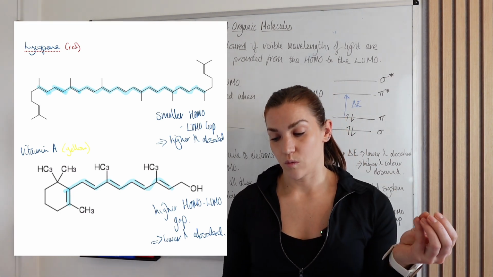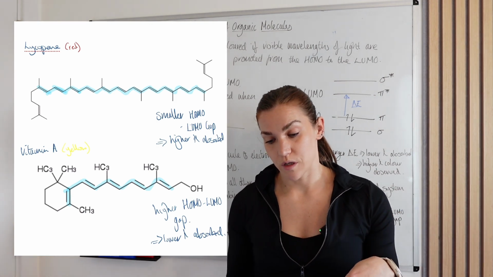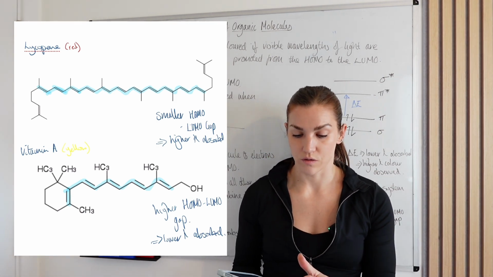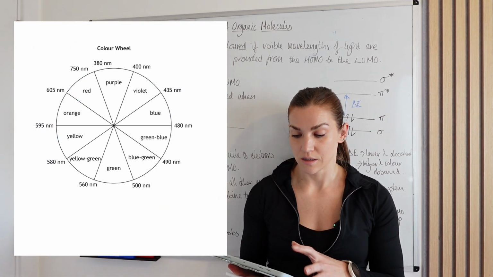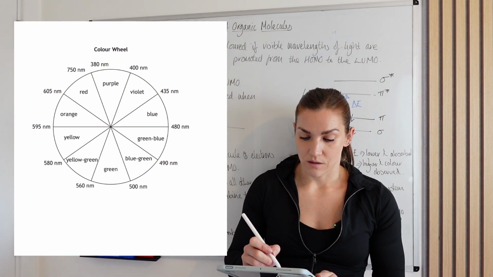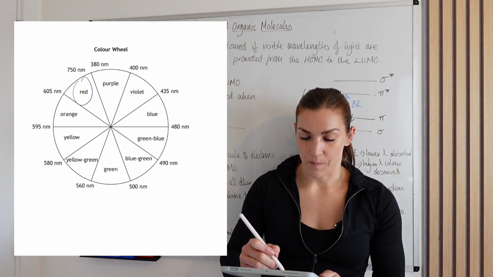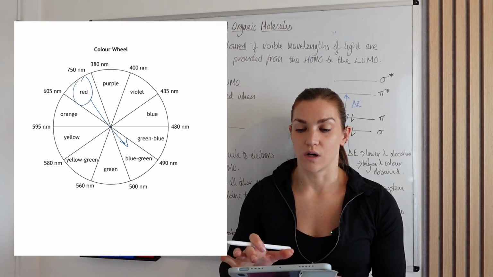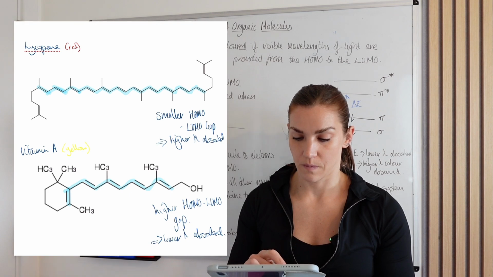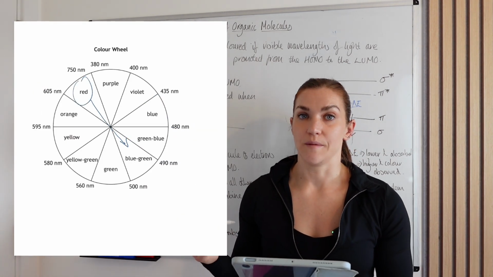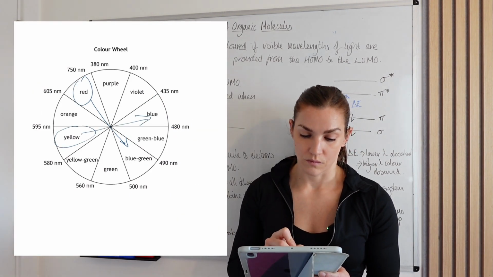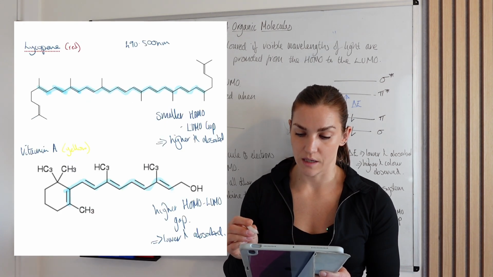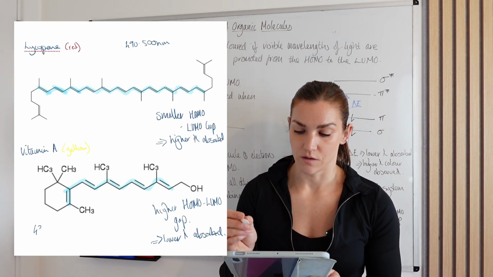If we look then at what wavelengths of light are actually being absorbed by the molecule, on the colour wheel, lycopene, which is red, we can see that if something is appearing red, it's absorbing blue-green light, so that's between 500 and 490 nanometers. And for the vitamin A, because it's yellow, that means it's absorbing blue light, which is 435 to 480.